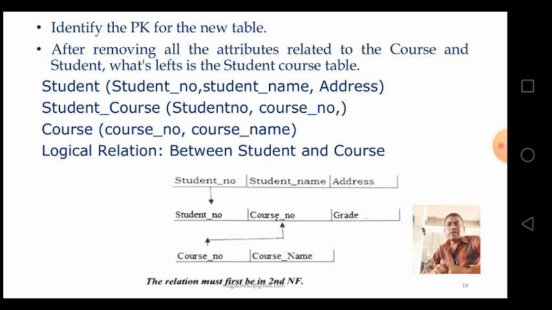After removing all the attributes related to the course and student, what is left is the student course table. Here student is one table, student course is another table, and course is another table. Here three tables are available.